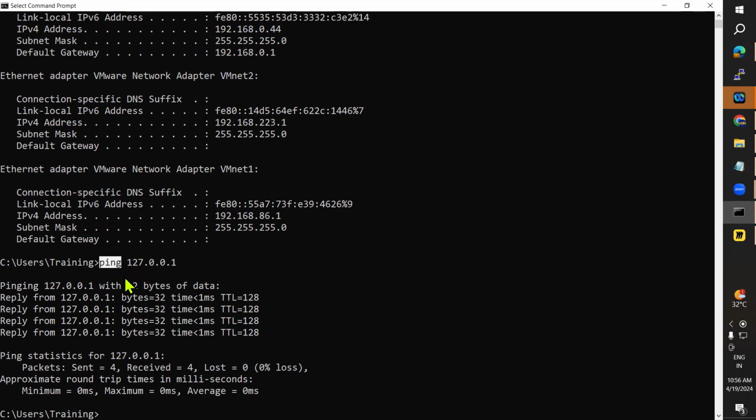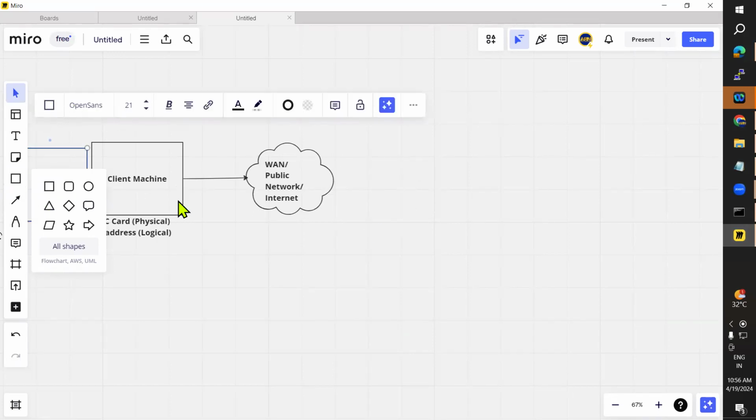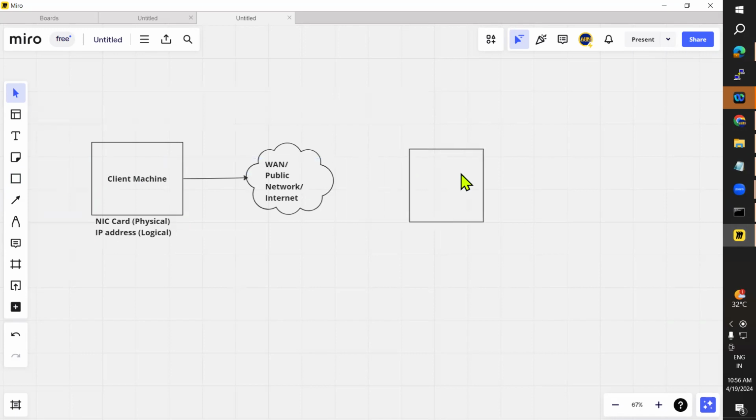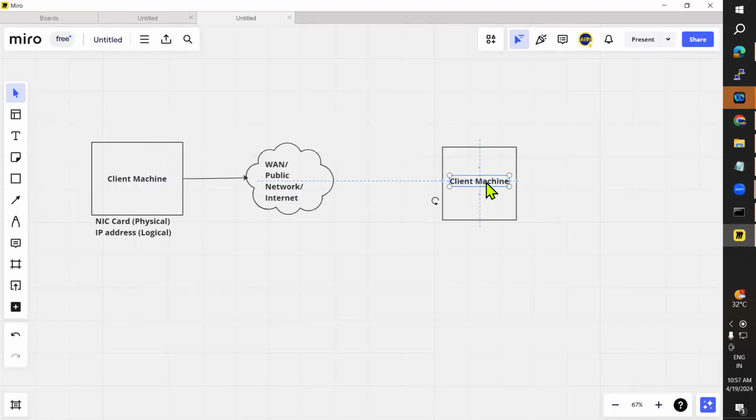So why do we need to use ping? For example, I have a machine here. This is also one of the client machines, client machine 2. Okay. See, there is a connection between 1 and 2.